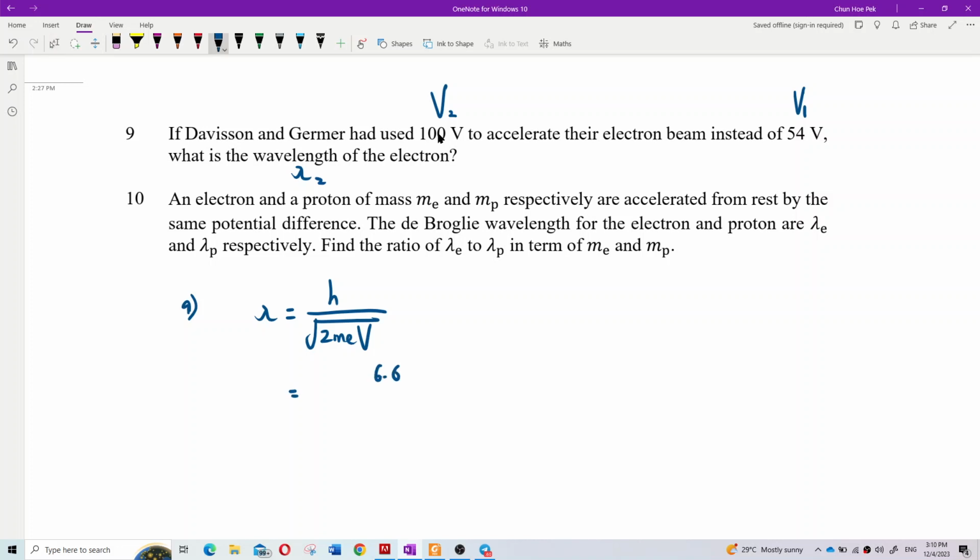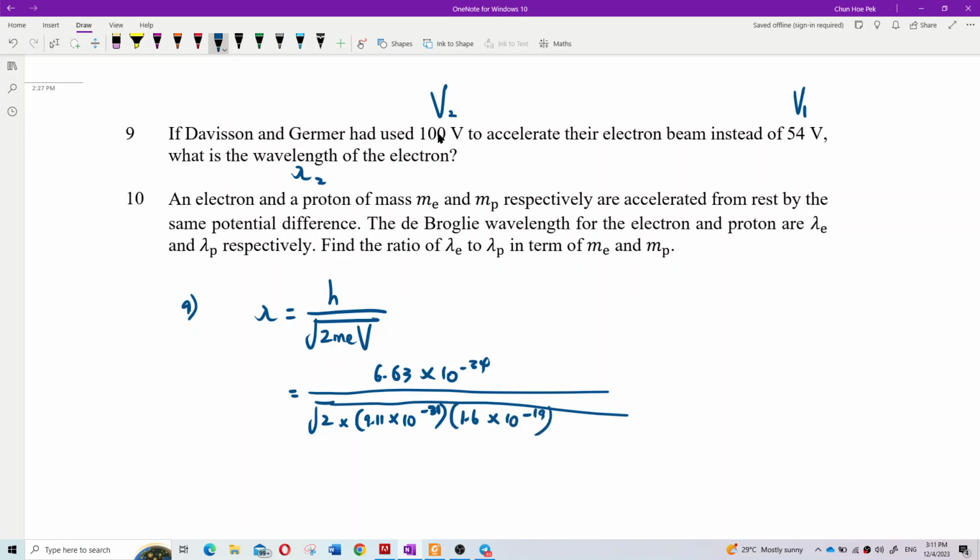Just put in 6.63 times 10 to the negative 34 over root 2, mass of electron is 9.11 times 10 to the negative 31, and then electron charge 1.6 times 10 to the negative 19, and then V is 100 volt.